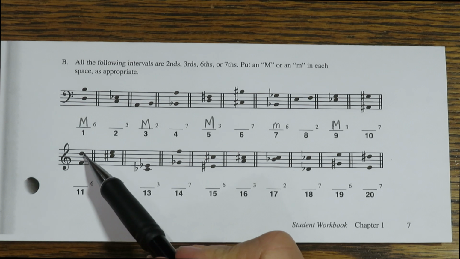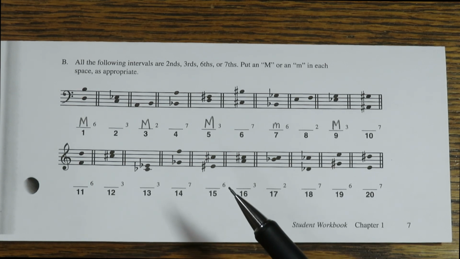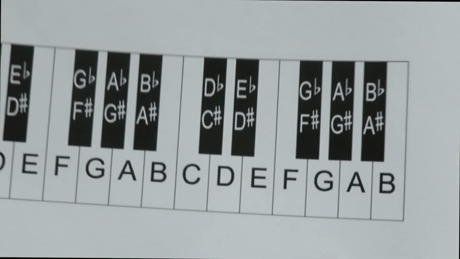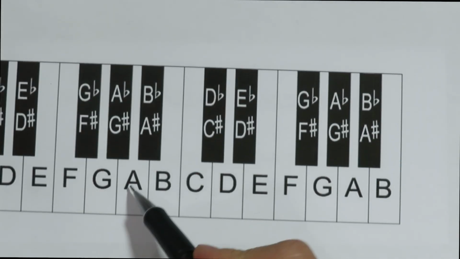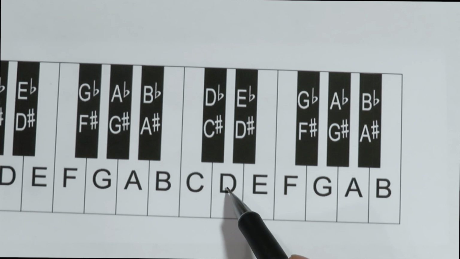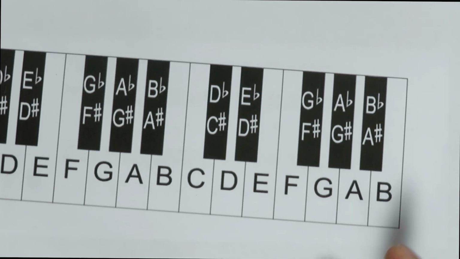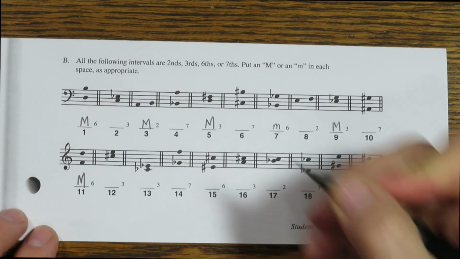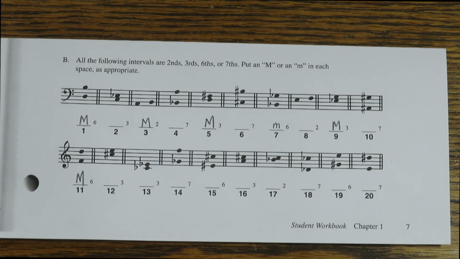So is there a D flat in there? There's a D, right? Whole, whole, half. Whole, whole, whole, half. There's a D. F to D. Major sixth. Okay.